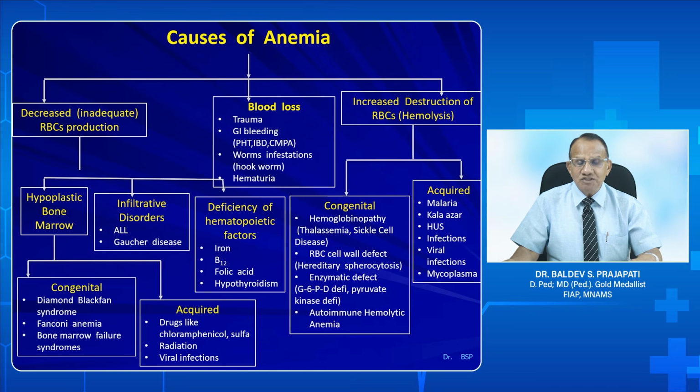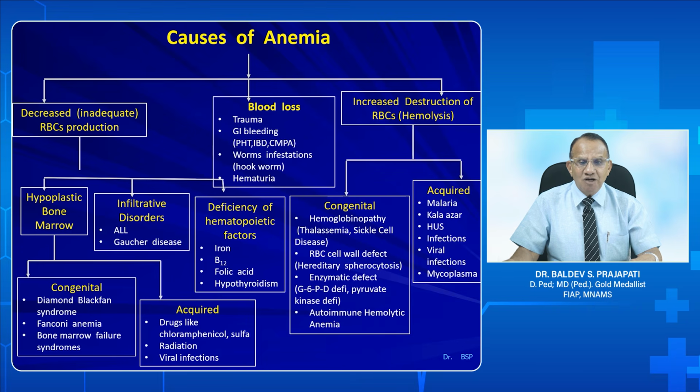Acquired causes may be due to various reasons like malaria, Kala-Azar, hemolytic uremic syndrome, infections, maybe even viral or bacterial. Even mycoplasma has recently been noted as a common cause in practice.